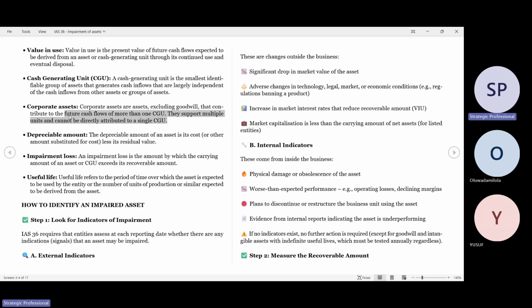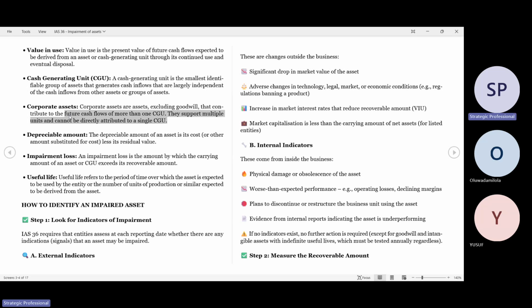Now, in some entities, they usually share assets. There are some assets that are not standalone. That is, if in a group we have company A and company B, they are sister companies. If they are using the same IT infrastructure or occupying the same building, given that it is shared, that is what corporate assets mean.